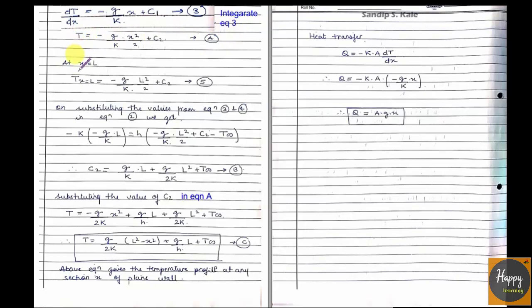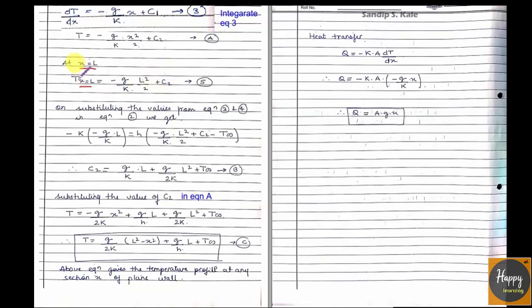Now we will apply the boundary condition as x is equal to L. So at x is equal to L, what is T? We will find out. So T at x is equal to L is equal to minus g upon k, instead of x I will write L square by 2 plus C2. Now what will I do?